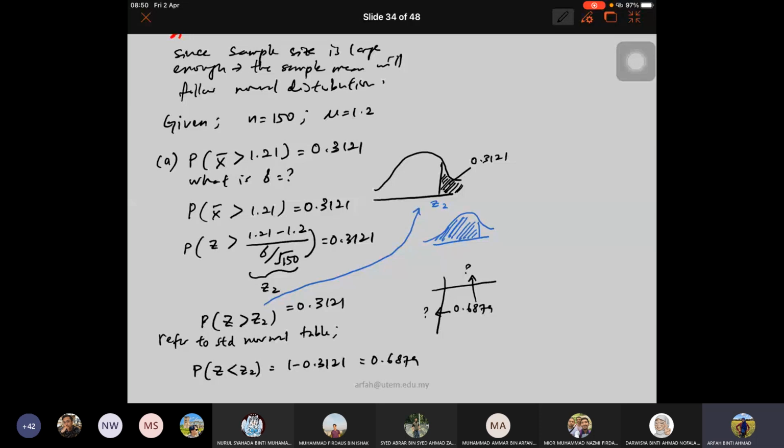Dapat apakah Z2? Kosong 0.49. 0.49. Okey, yang lain dapat Z2 akan sama dengan 0.49. So, masukkan dalam equation yang dia bagi 1.21 tolak 1.2 sigma over set 150 sama dengan 0.49. So, selesaikan dapat nilai sigma. Nilai standard deviation.